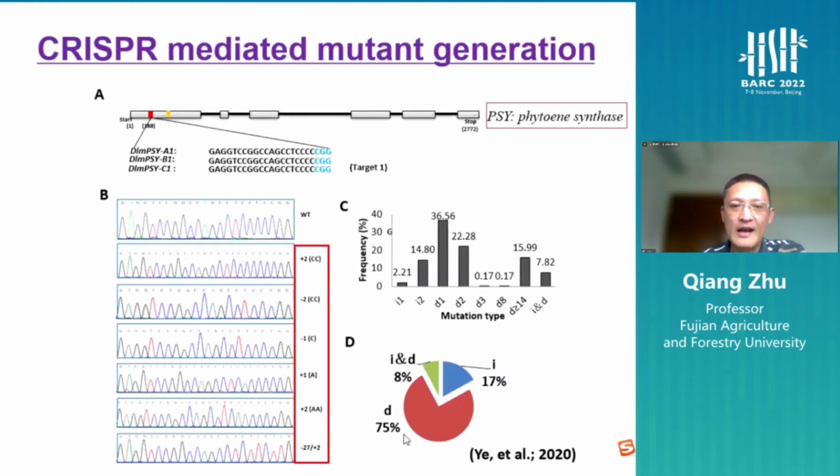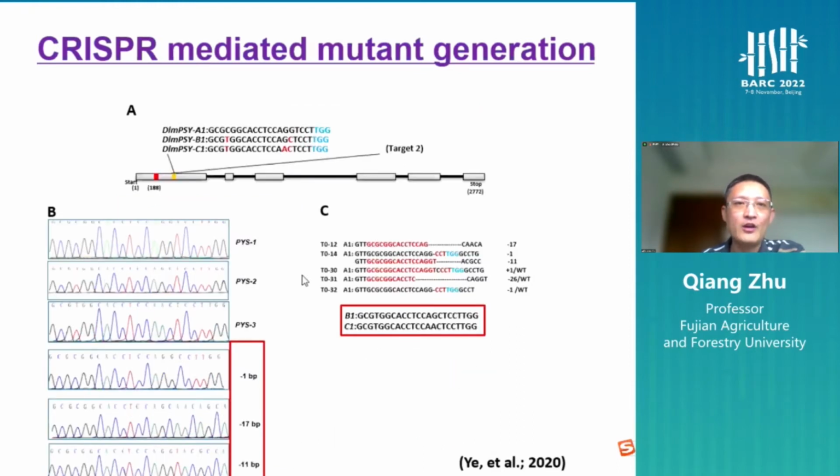Most of them are deletions. We can also observe large fragment deletions as well as insertions. And we also tried to mutate 1 copy of the homologous genes. In this case, the A1 gene was used for mutation.